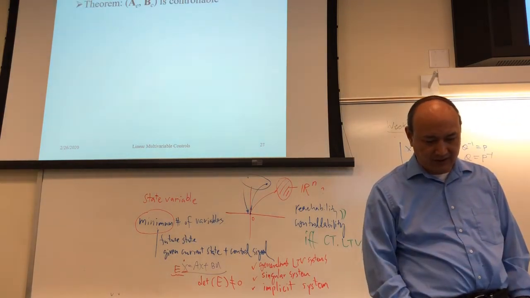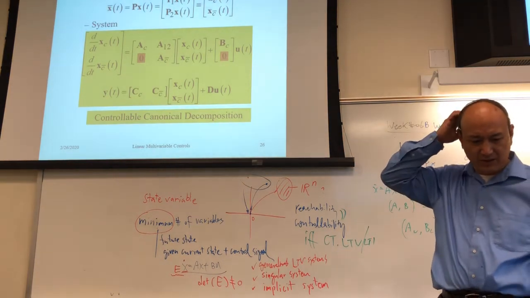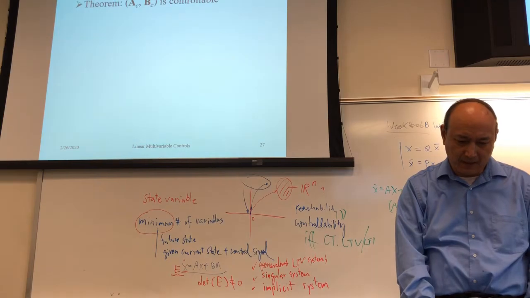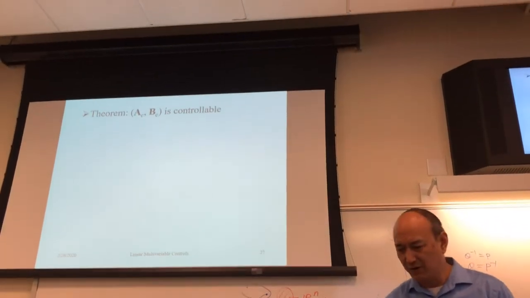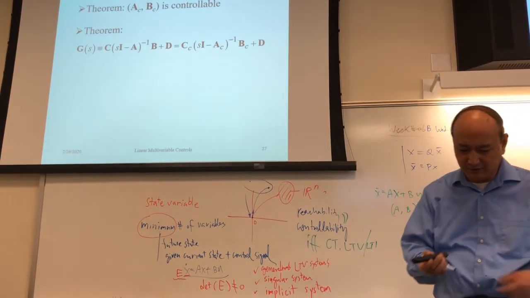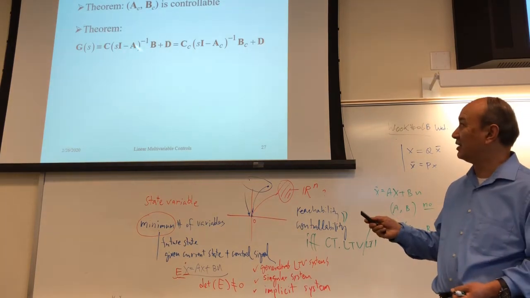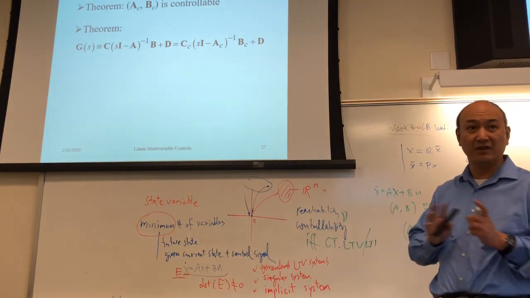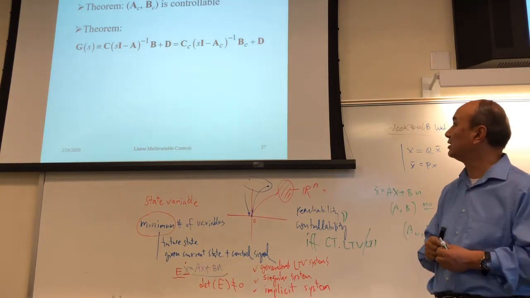So we know that the AC, BC subsystem is controllable. And if we look at input-output, I want to remind you again, the size of A and the size of AC are different. The size of AC is smaller, a square matrix but smaller.